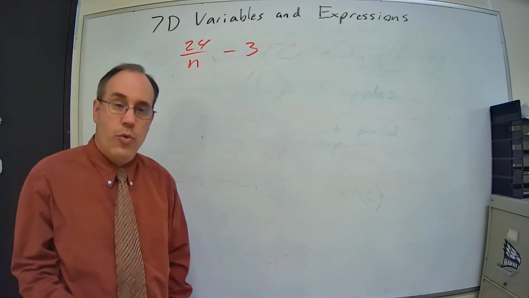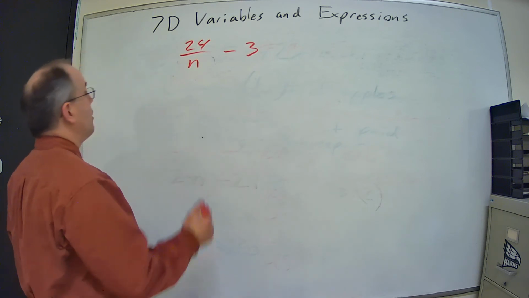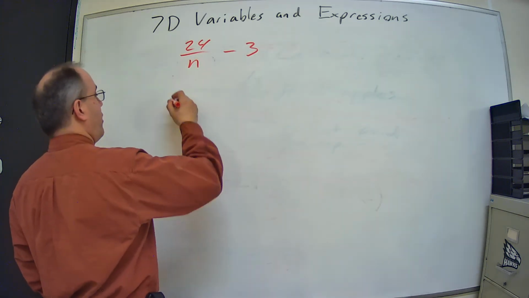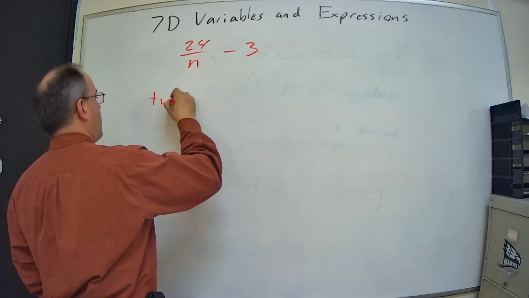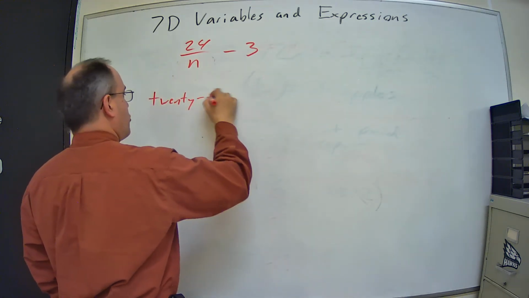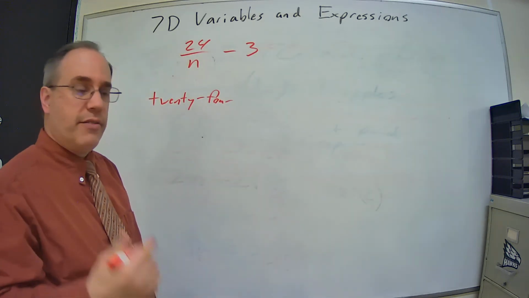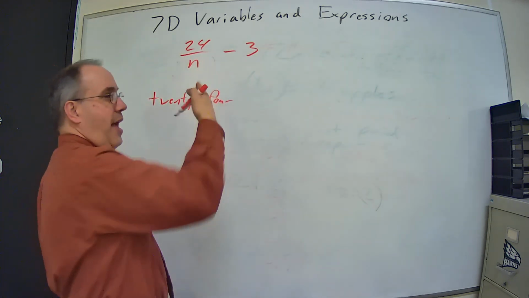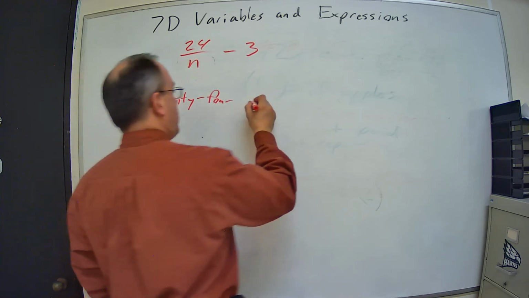Well, really, we just want to state what's happening. So that is 24, and I'll write out the letters, the words and the numbers. 24 divided by n, right? But when I say n, we're going to say divided by a number.